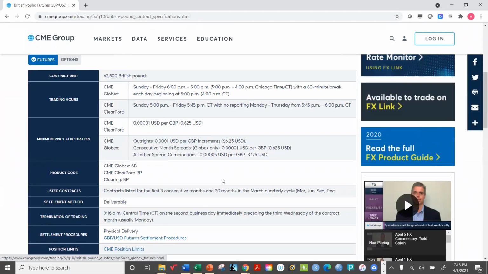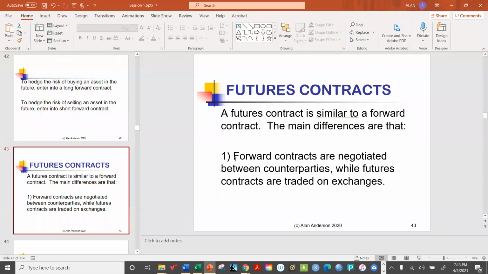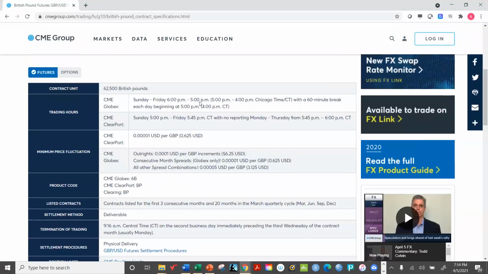Now, what's different then? Well, first of all, forward contracts are negotiated directly between counterparties, whereas futures contracts are traded on organized exchanges like the Chicago Mercantile Exchange that we see here.